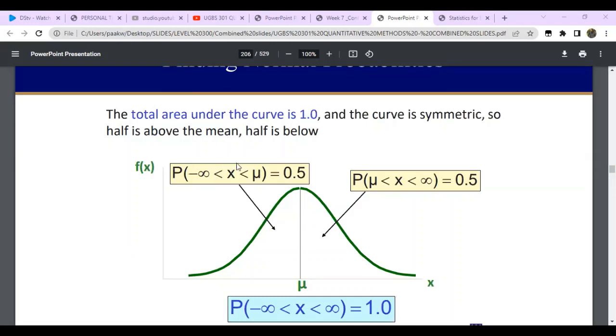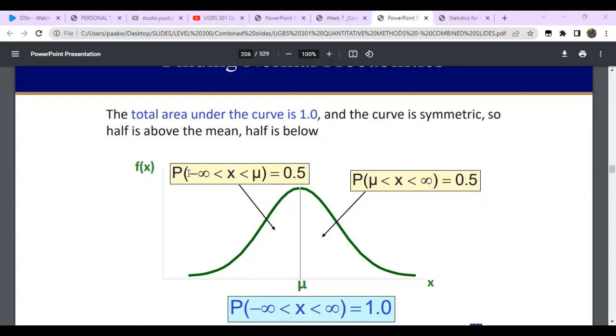So we are saying the total area under the curve is what? 1. And the curve is symmetric. Symmetric means it's divided into 2. Whatever is at the left side is equal to whatever is at the right side. You get it?